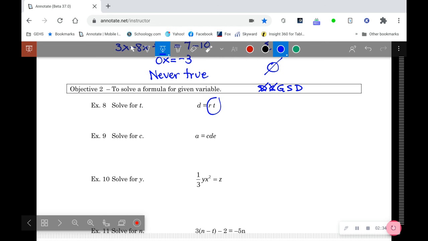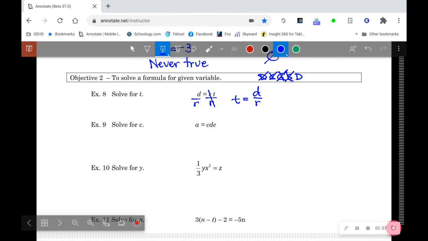All the terms of t are on the right, and the terms on the other side don't have t. So we're good there, no gathering. There's really nothing to simplify. So in this case, we're just going to divide by whatever is in front of that variable we're looking for. I'll clean it up a little bit. D over R is the answer.